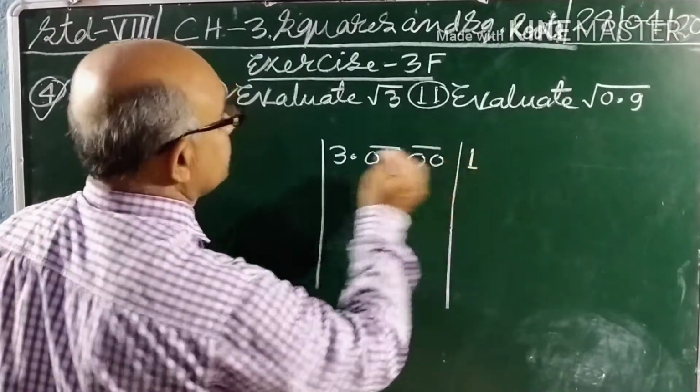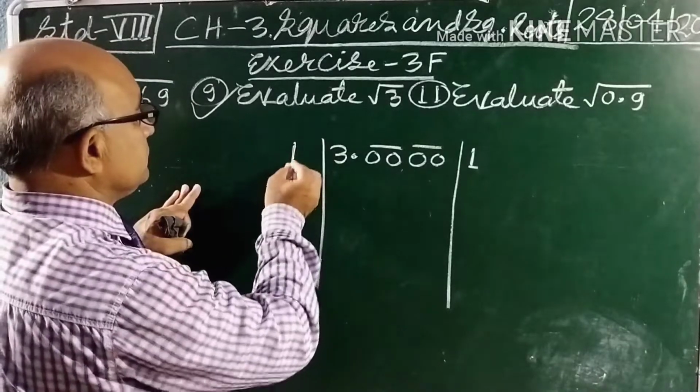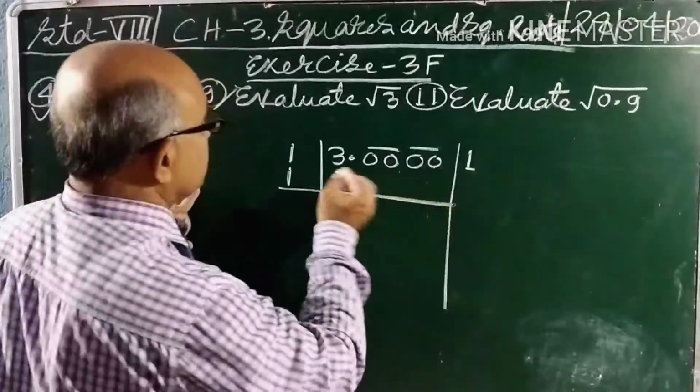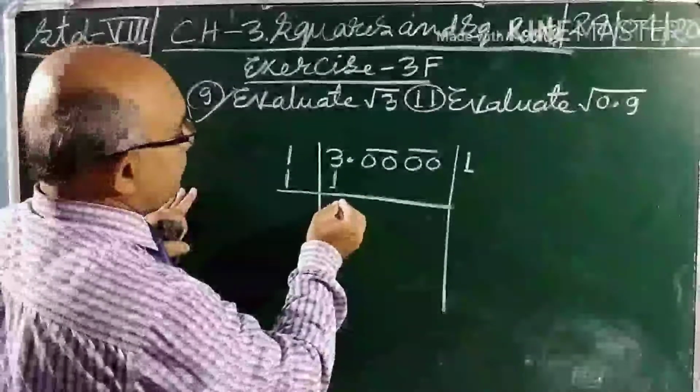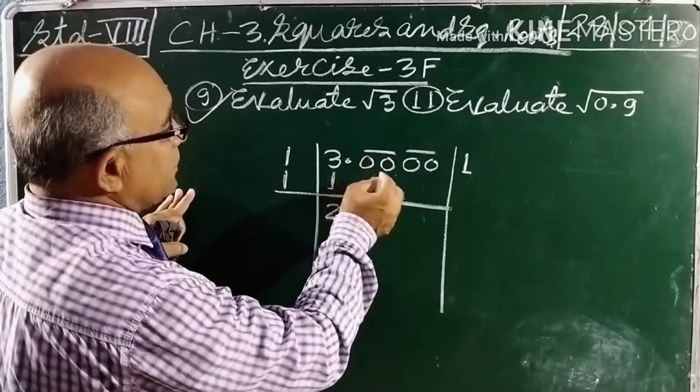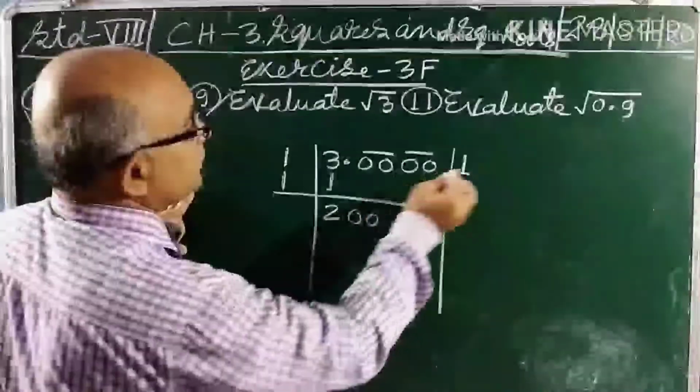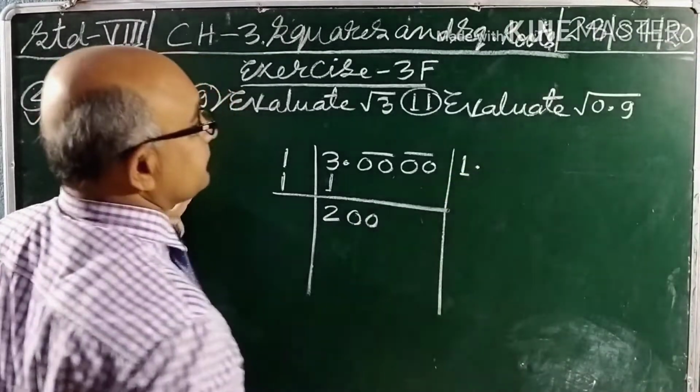So 1 time. 1 1 is 1. 3 minus 1, 2. After the decimal digits come here. So in the quotient take the decimal.